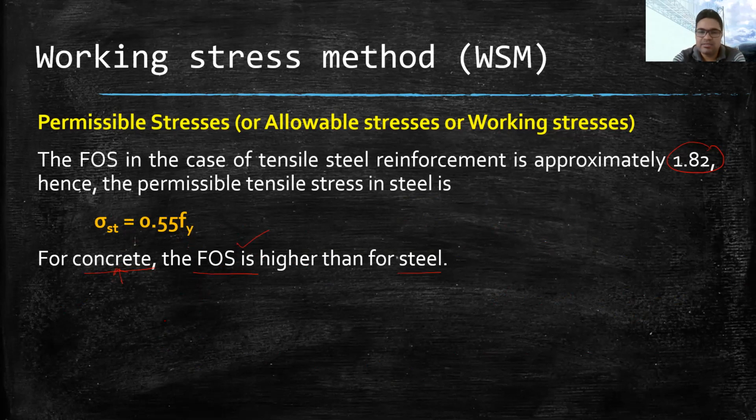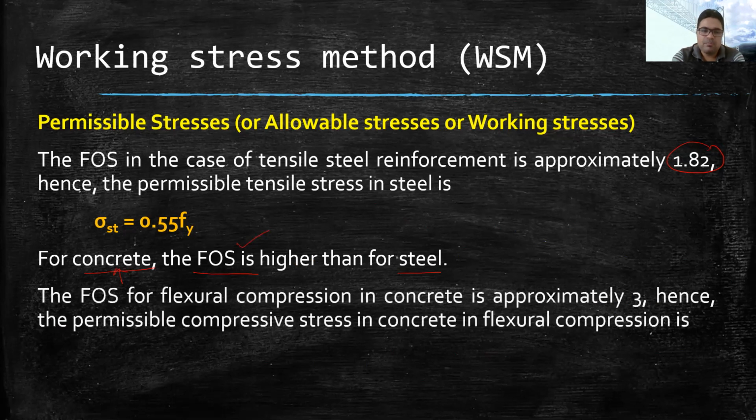So because of that, the factor of safety of concrete for different application of load is different. Say the factor of safety for flexural compression in concrete is approximately 3, and hence the permissible compressive stress in concrete in flexural compression, well, we denote flexural compression in concrete by sigma CBC.